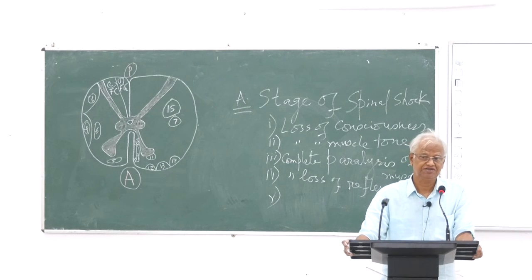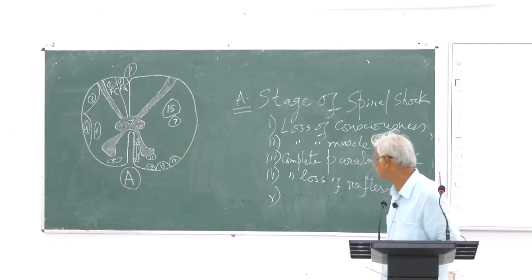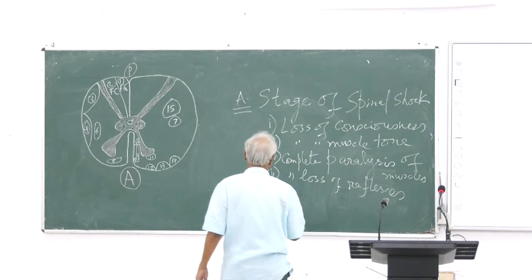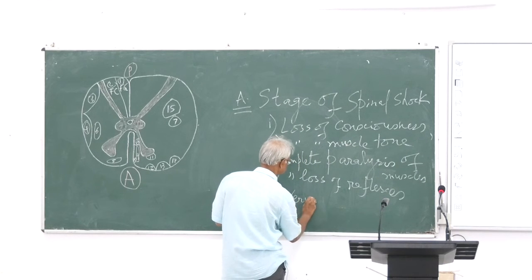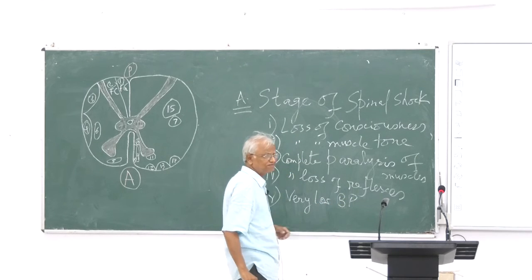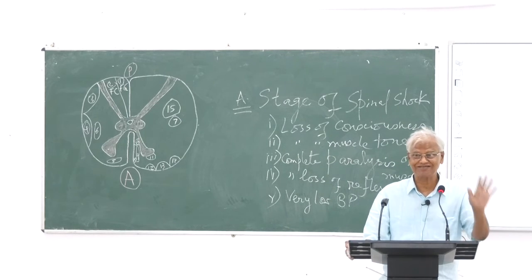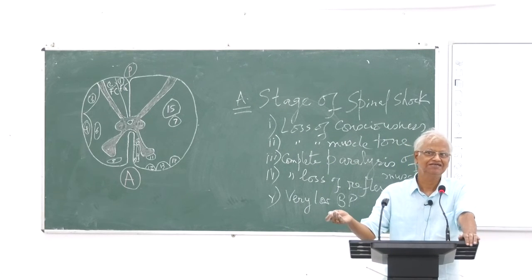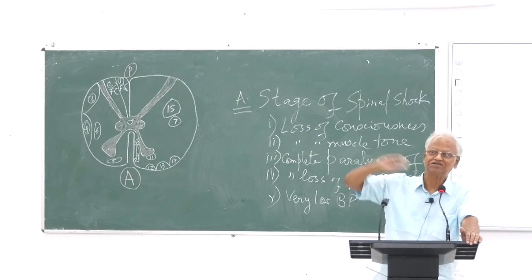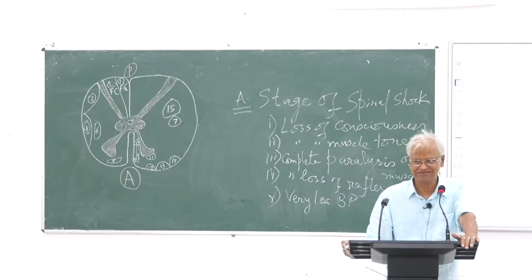Very low blood pressure. The blood pressure is very low. There are various factors, but the most important factor, neurologically speaking, you may say the patient will have injury to the, it cannot be that a complete transection of the spinal cord and nowhere in the skin there is any lesion, no bleeding, it cannot happen.